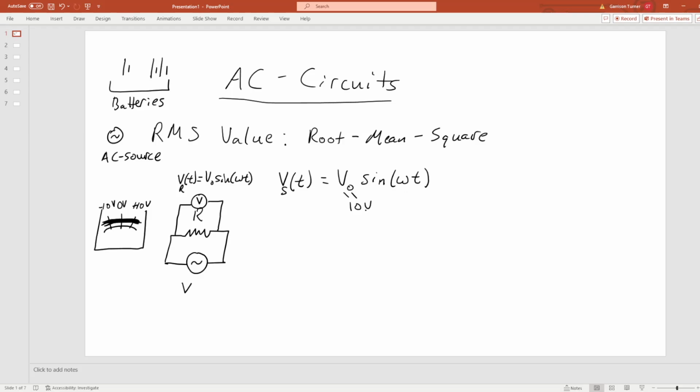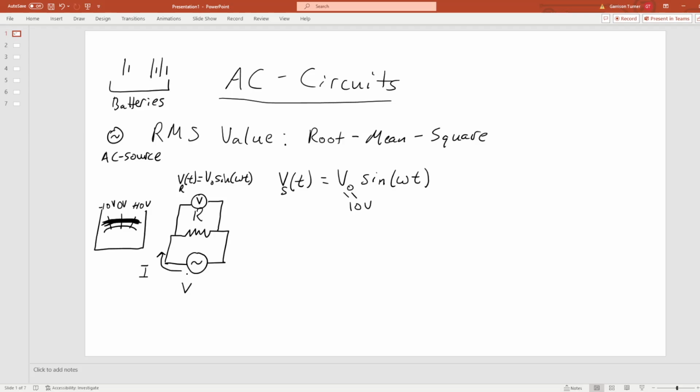But that doesn't really help us very much. That's not very illuminating as far as what the circuit is doing. So we need a separate way to think about what's happening in the voltmeter, and for that matter, how to think about the current.